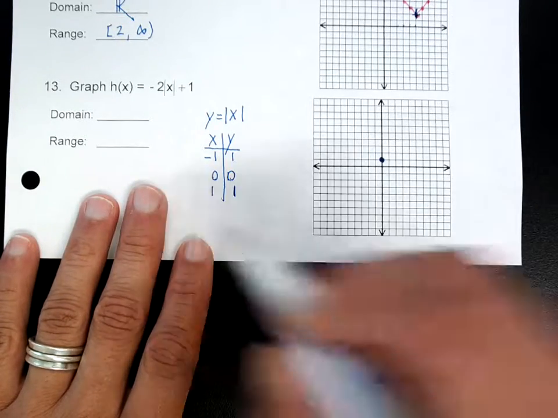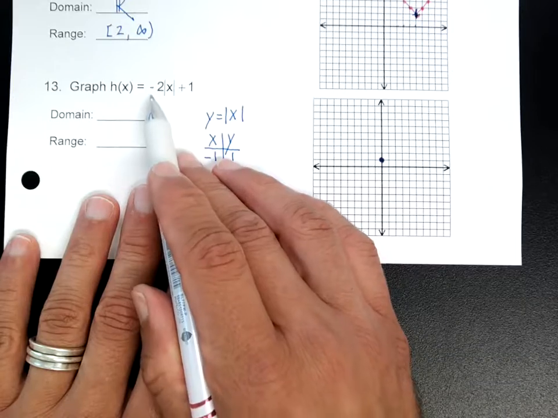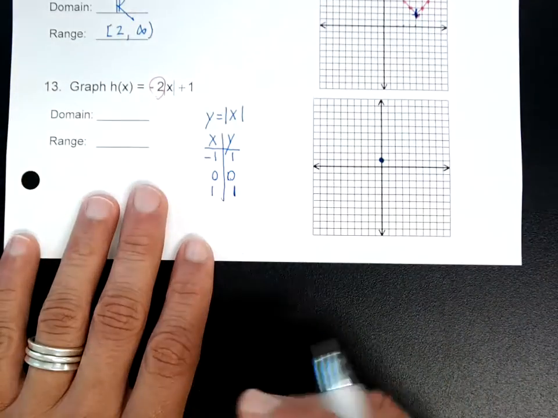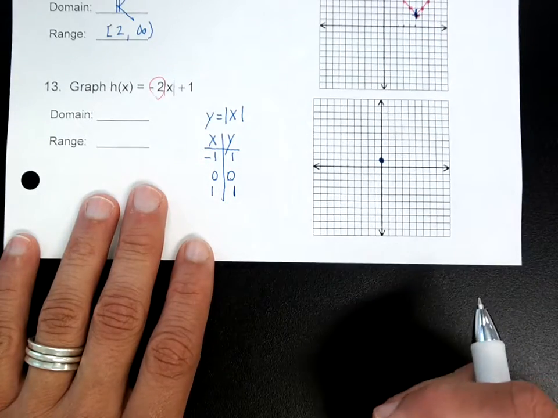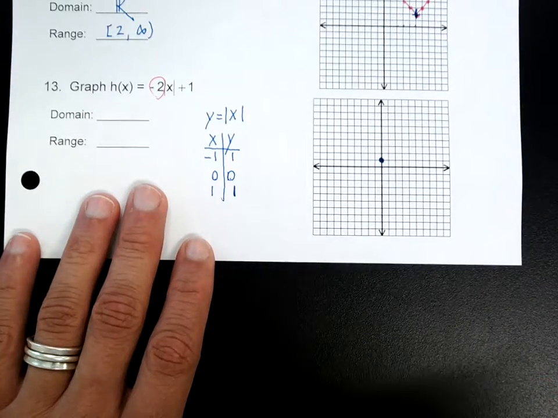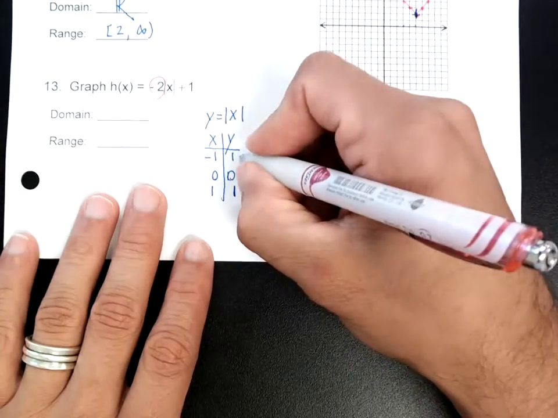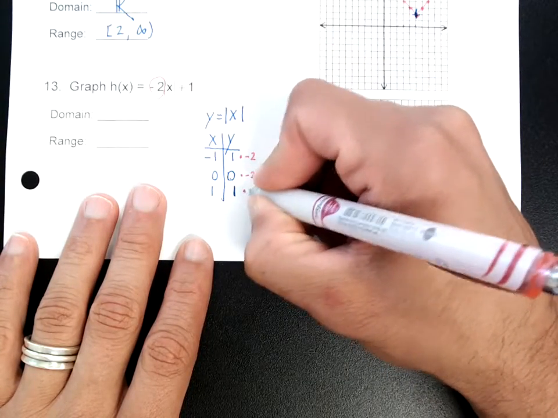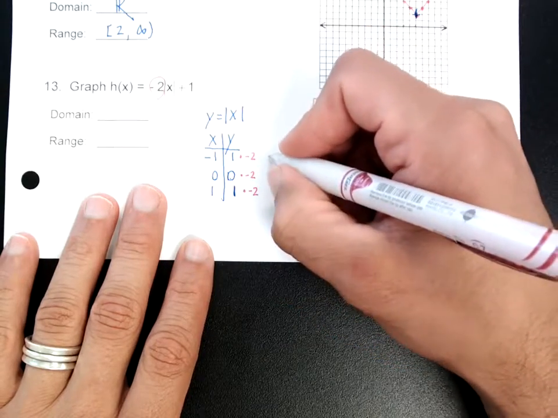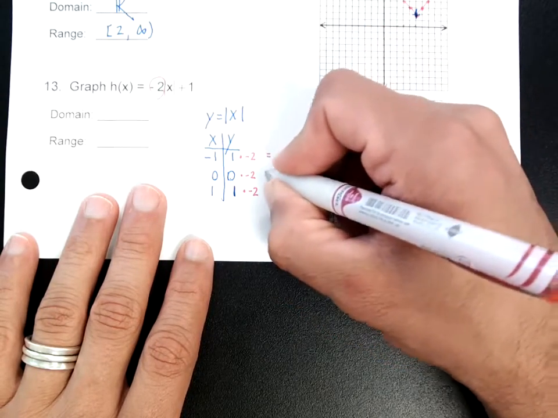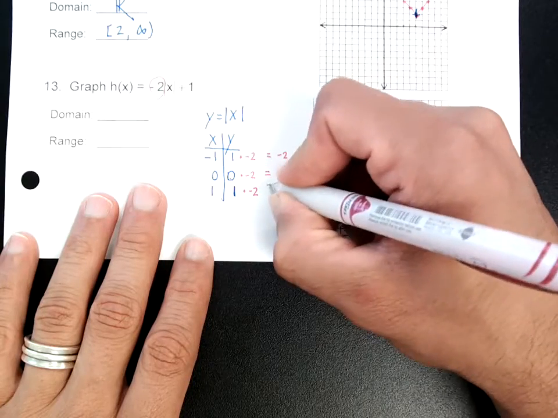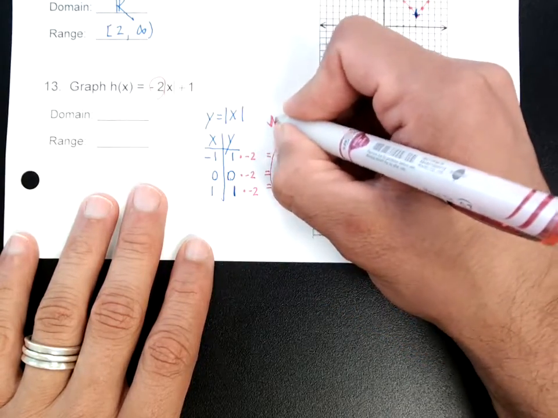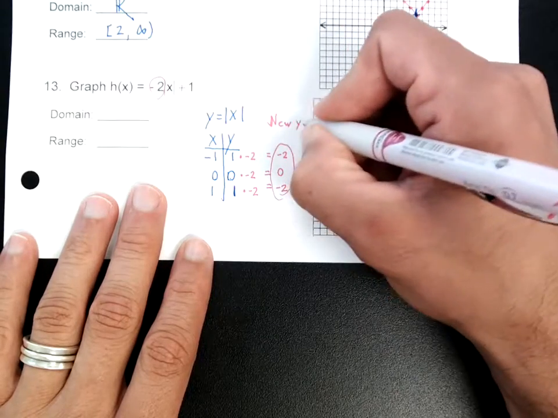If I have a negative 2 here, notice that it's being stretched and reflected. If you don't know exactly how to graph that, what you can do is multiply each one of these by negative 2 and see what happens. This right here would be negative 2, this right here would be 0, this right here would be negative 2. So these are my new y coordinates.